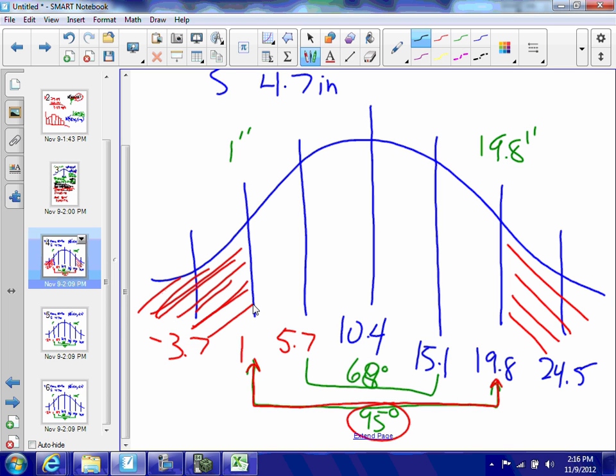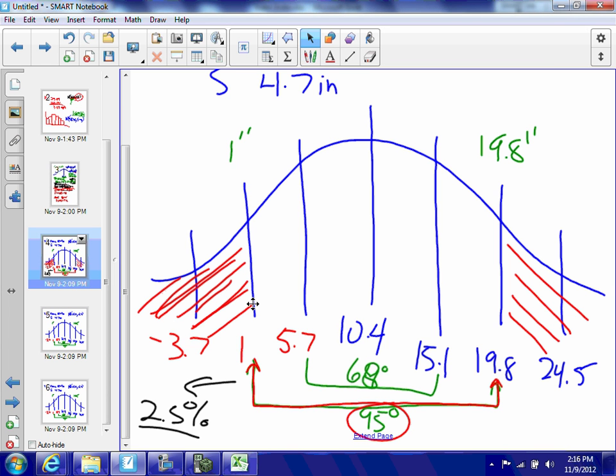Which means that half of that, which is the negative side, the less than 1 inch, would be 2.5%. That's the number of trees that we would expect to be less than 1 inch in diameter. And on the other side, the number of trees that we would expect to be more than 19.8 inches in diameter would also be 2.5%. Those 2.5% make up the missing 5% from our central 95%.